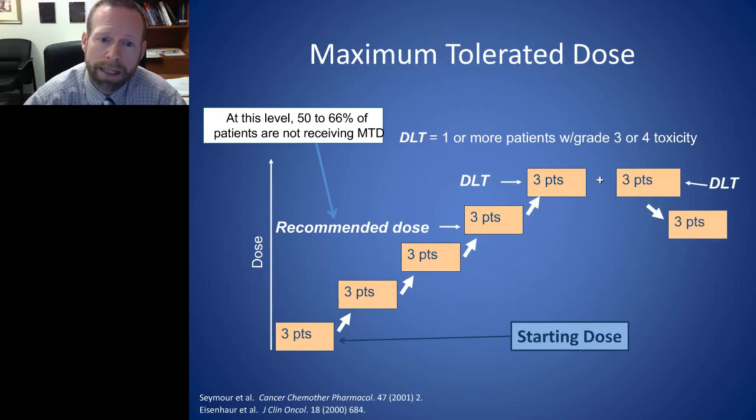And so it's possible at that point that the patients that didn't demonstrate the toxicity are not really getting the maximum tolerated dose. In other words, maybe half to 2/3 of the patients aren't getting a true maximum tolerated dose. They could still handle more exposure of the drugs.